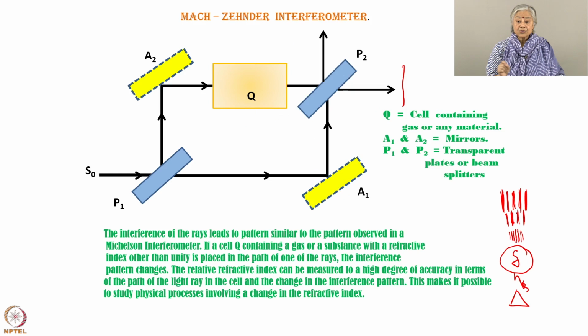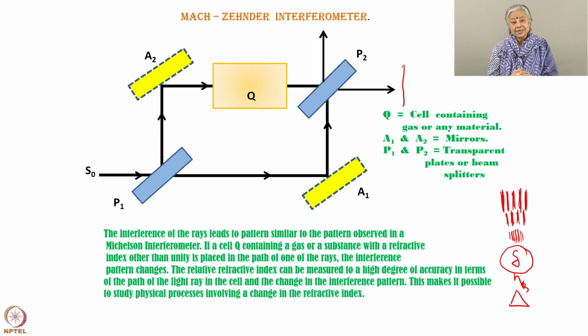And this is a very accurate measurement, because if you get very sharp interference patterns, it is a very accurate determination of the change in the refractive index. Okay. So, accuracy is the key here.